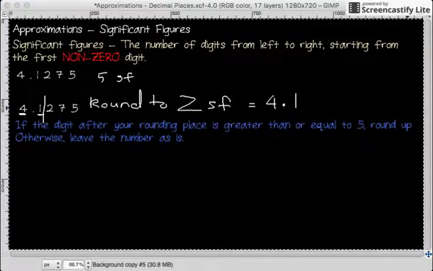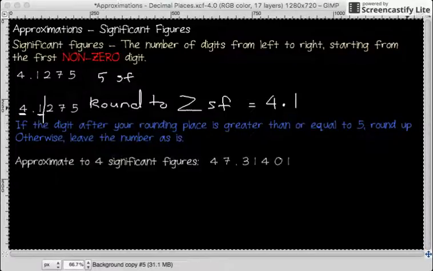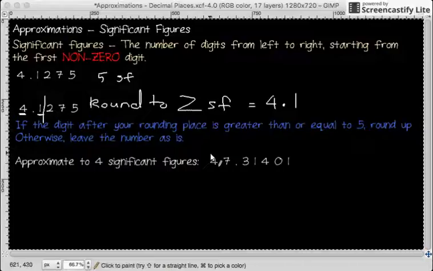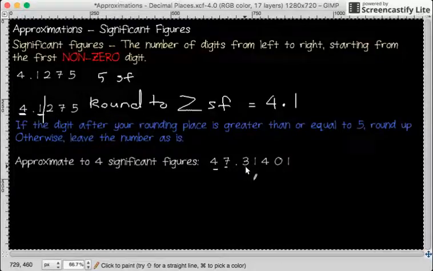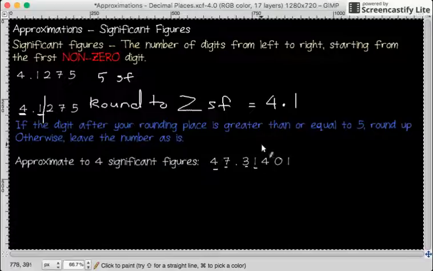Okay, 4.1. And let us look at some more examples then. So we're using the same rule, but let's just look at a couple more examples. So this one here, approximate to 4 significant figures. So same thing again. Start counting from the first non-zero digit. That's the 4. 1, 2, 3, 4. Cutoff point there.